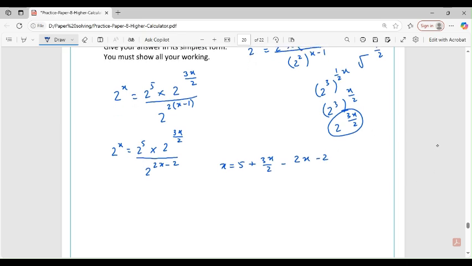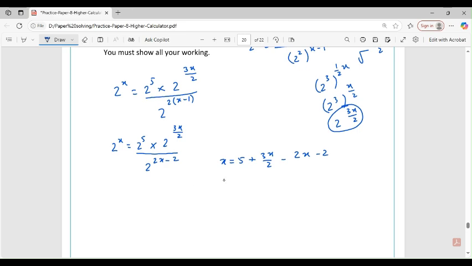Now in here, what we can do is x is equal to 7 plus 3x over 2 minus 2x. Now what we can do is, once we subtract these two, x is equal to 7 minus x over 2.